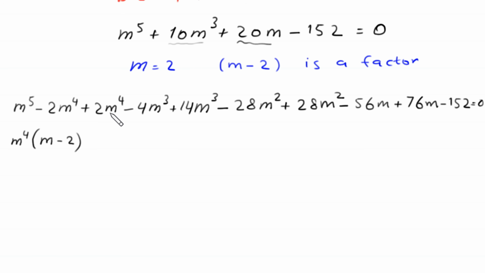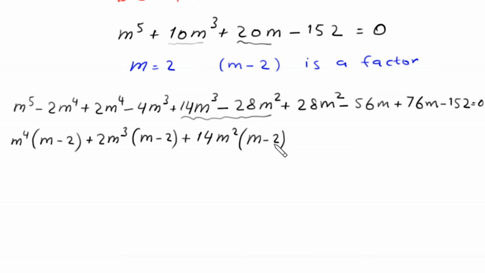From these two terms we can factor out plus 2m cubed in bracket left m minus 2, plus from these two terms we can factor out 14m squared in bracket left m minus 2, plus from these two terms we can factor out 28m in bracket left m minus 2, and from these two terms we can factor out plus 76 in bracket left m minus 2 is equal to 0.